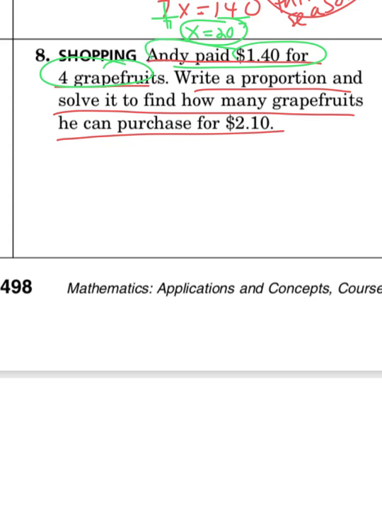That all goes together. So he paid $1.40 for 4 grapefruit. I'll just put GF for grapefruit. So I'm going to put a $ sign here and GF for grapefruit here, just like I did here, here, grapefruit, grapefruit.